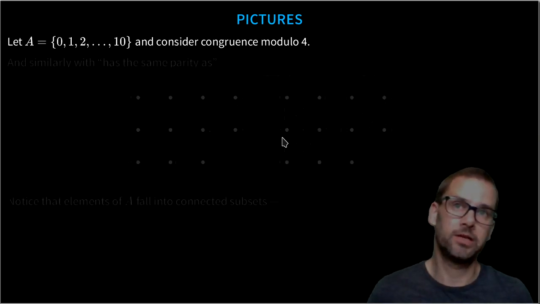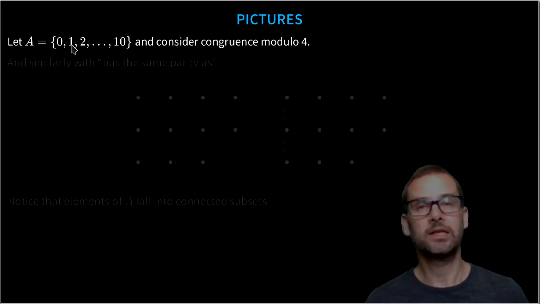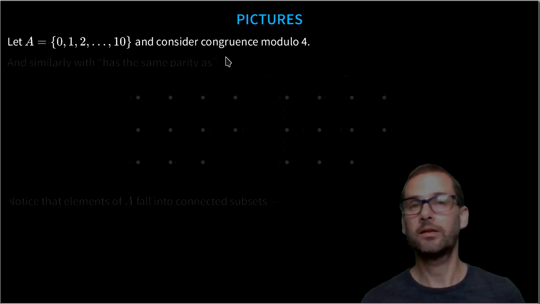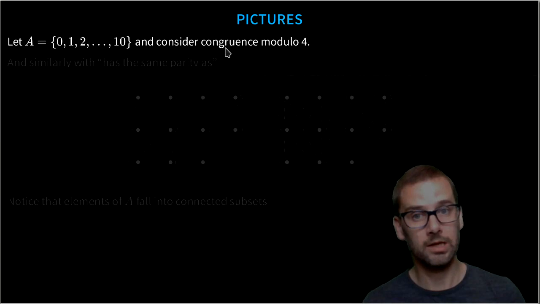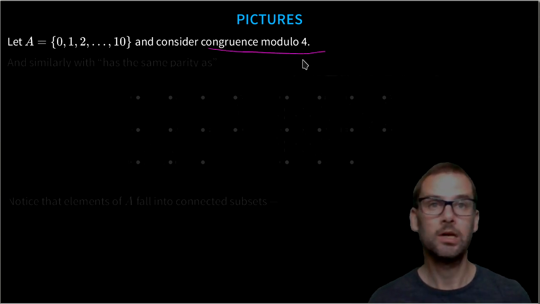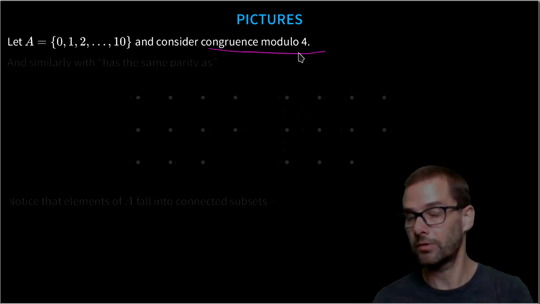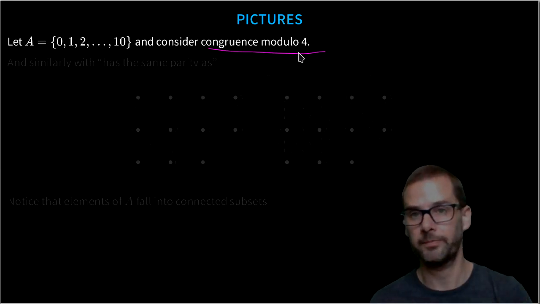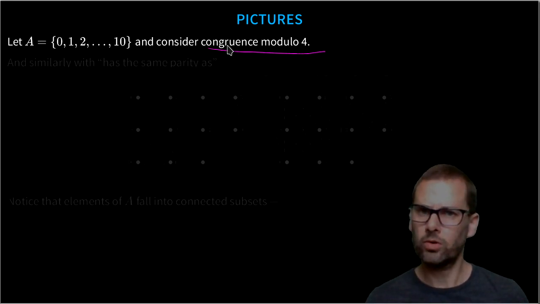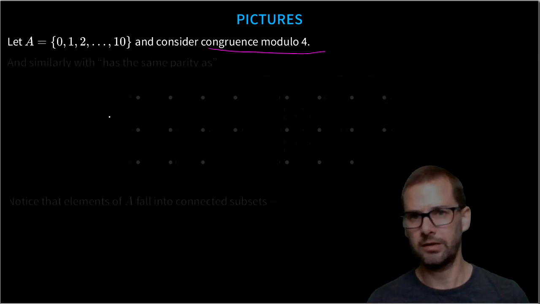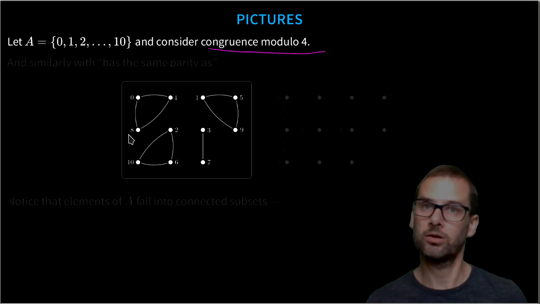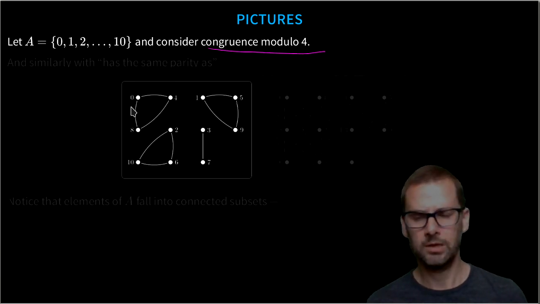So let's draw some pictures of some things that can go on. Let's consider the set of numbers from 0 to 10 and consider the equivalence relation on those, namely congruence modulo 4. And we saw that congruence mod n was an equivalence relation because it's reflexive, symmetric, and transitive. We proved that last lecture. So we can draw a picture of this. We know that 0 is congruent to 4 and is congruent to 8, which is congruent to 0. These form a neat little connected clique here.